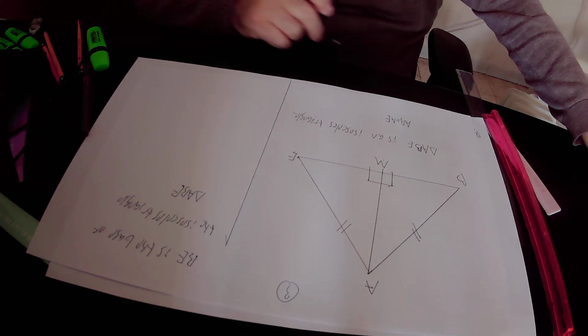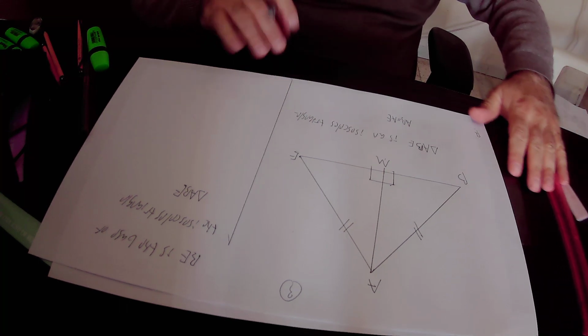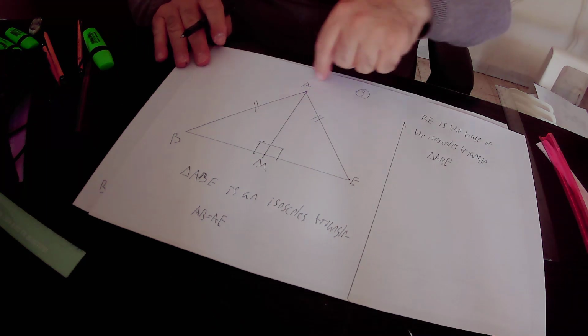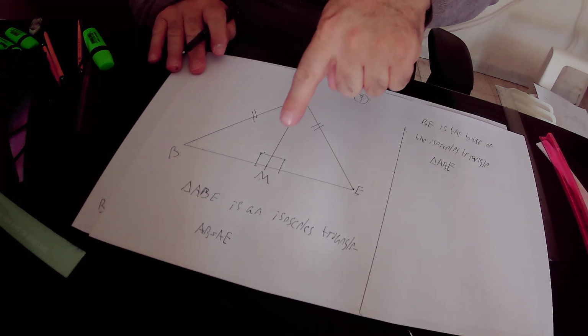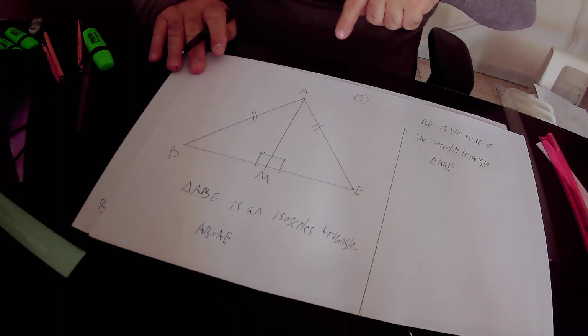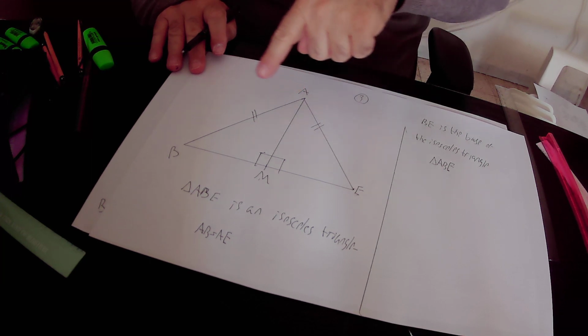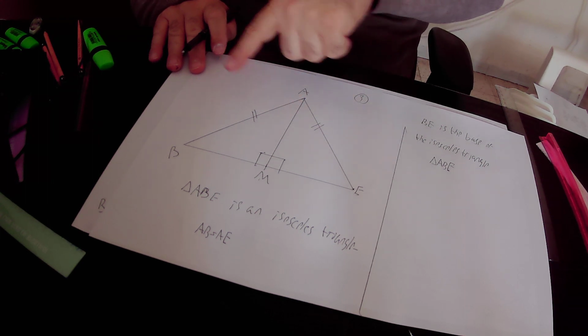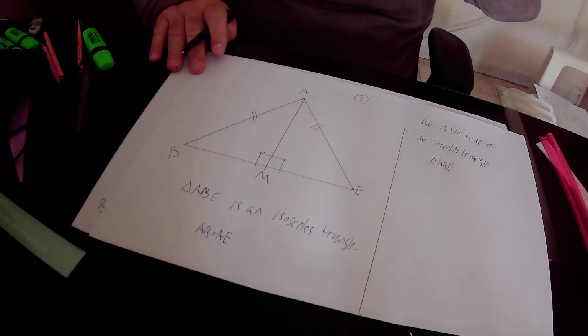So the base is BE and AM is the height to the base BE. Why? Because line segment AM creates 90 degrees with the base BE, therefore AM is defined as the height to the base BE.